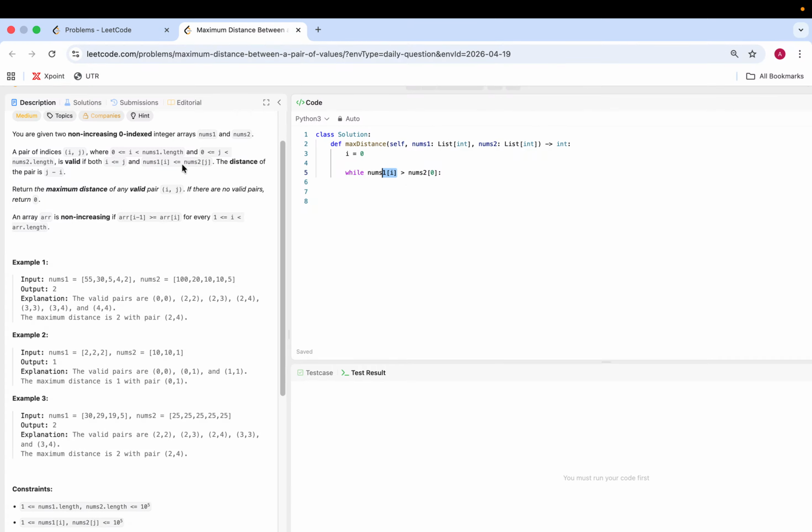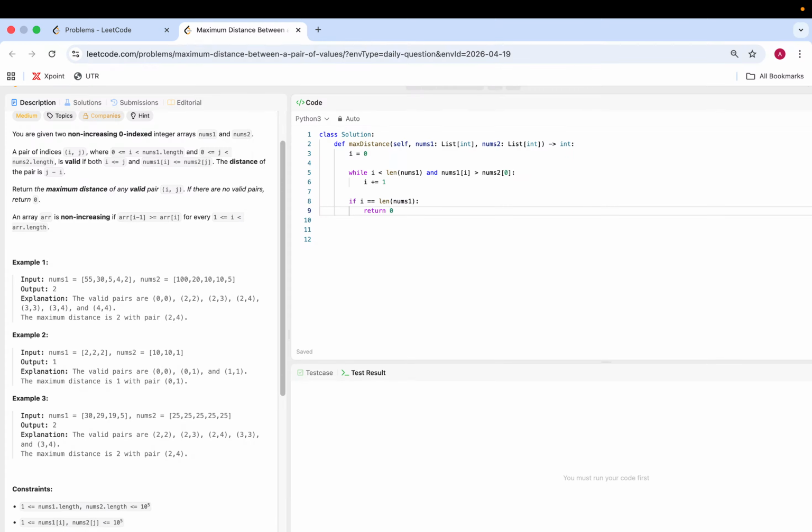There's no nums2 at j that's going to be big enough for nums1 at i, because nums2 at 0 is the biggest thing in nums2, since it's non-increasing. So in that sense, I can increment i. Now, while i is less than the length of nums1, and if i ends up equaling the length of nums1, then I believe that means there are no valid pairs.